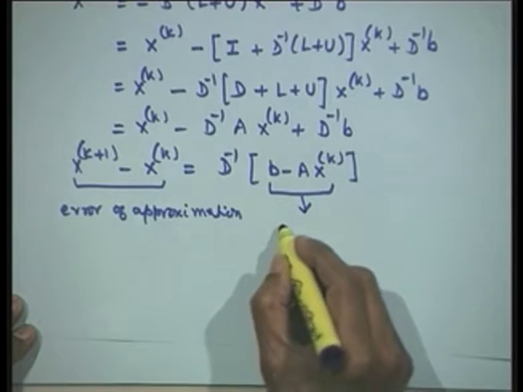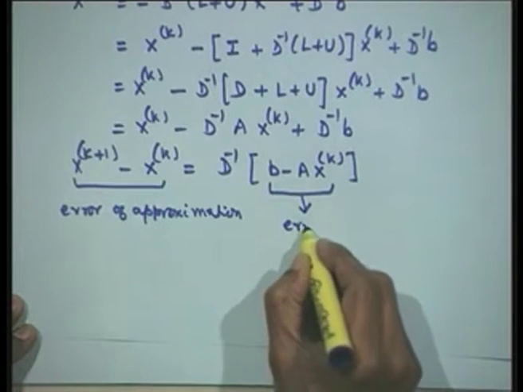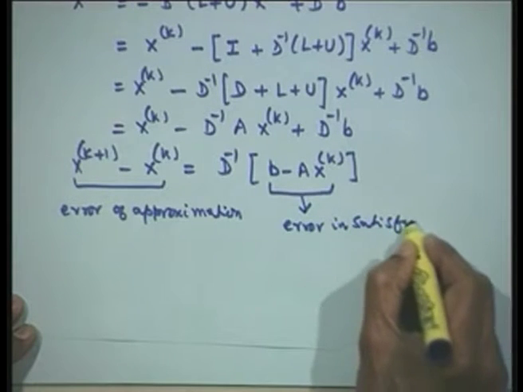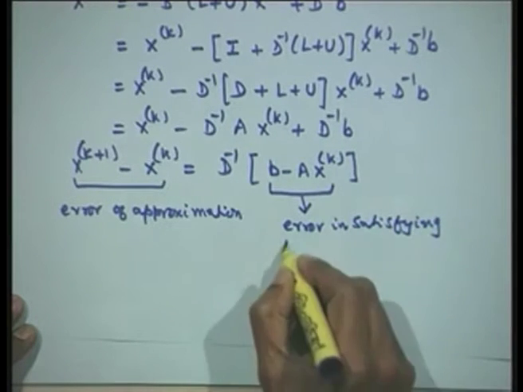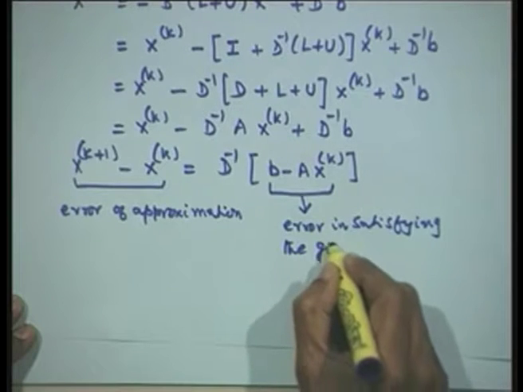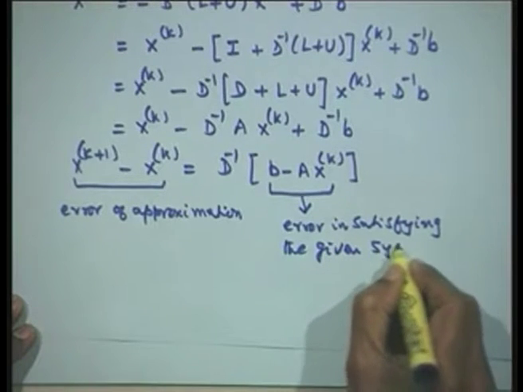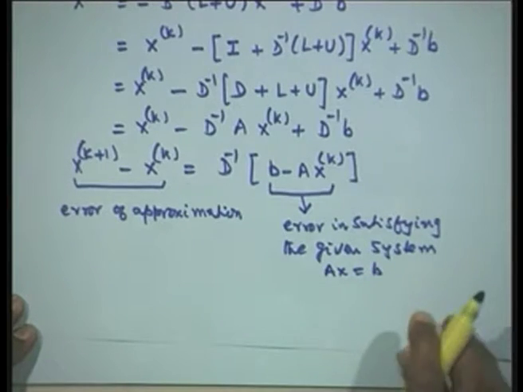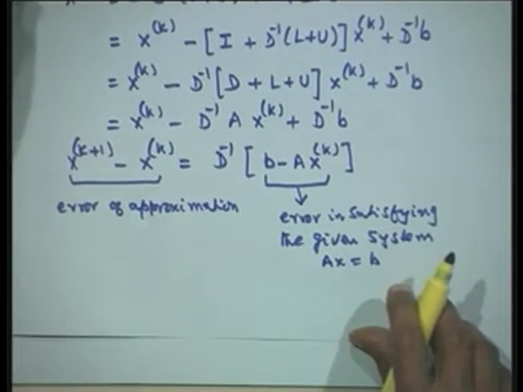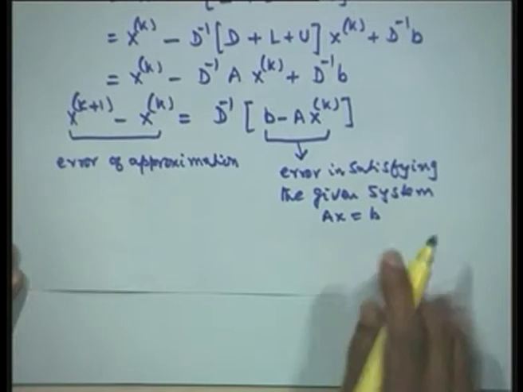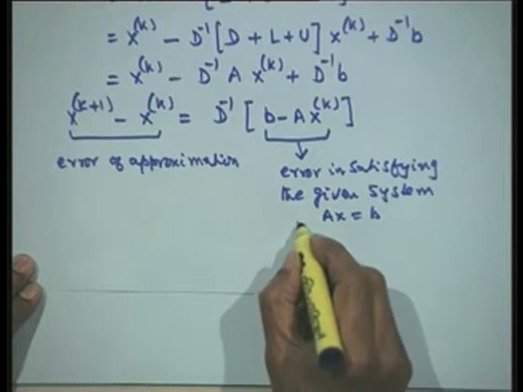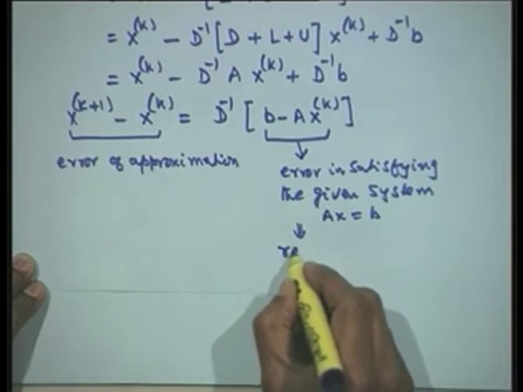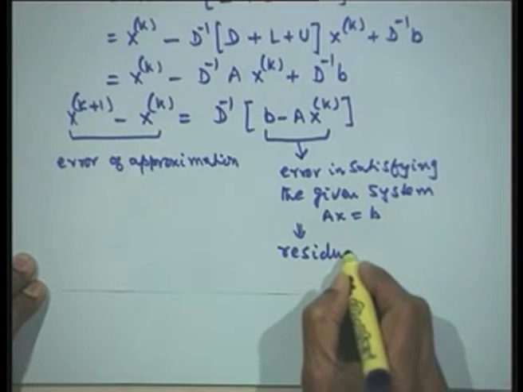So, this gives you the error in satisfying the given system a x is equal to b. This is called the residual of the system. So, we call this the residual vector.